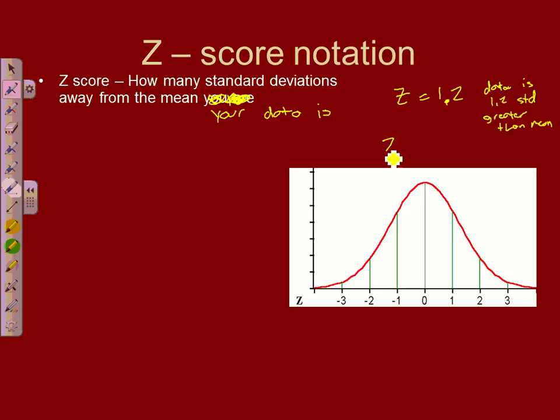And if I said z is equal to negative 2.56, that would be saying your data point is 2.56 standard deviations less than the mean.